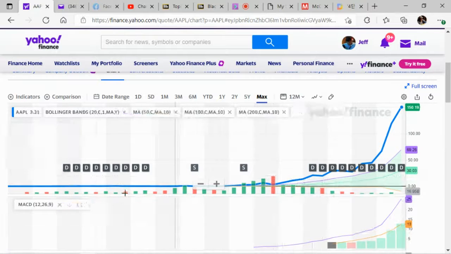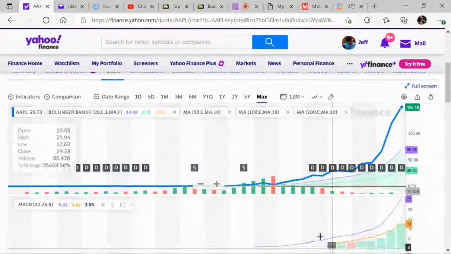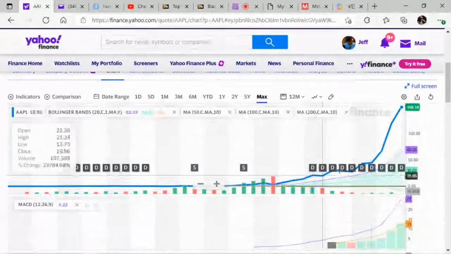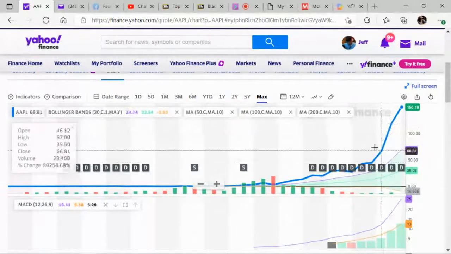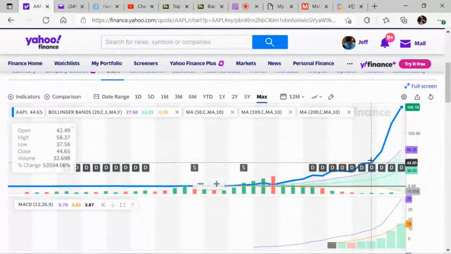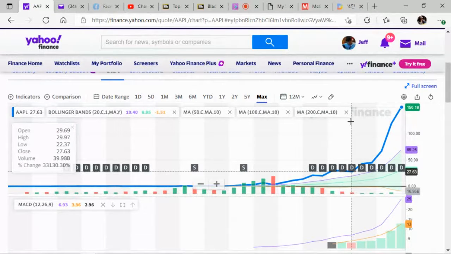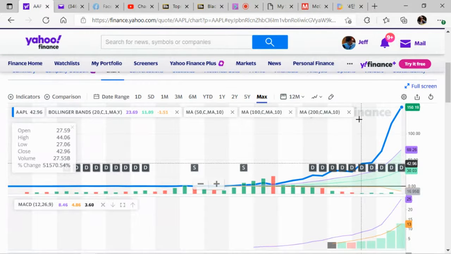So that's why they need to adjust the price. If the stock split happened here, let's say, then prior to that, the price was probably somewhere here, right?